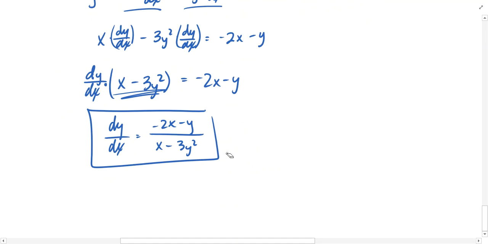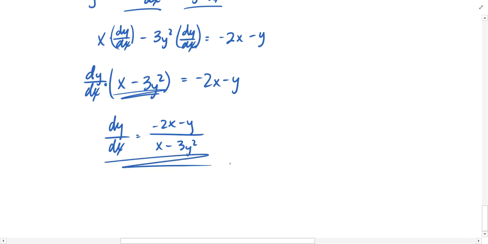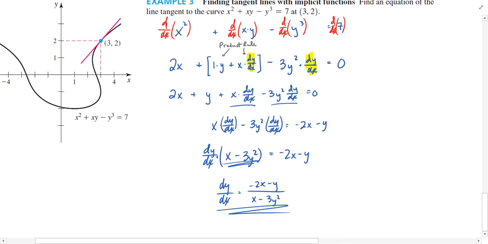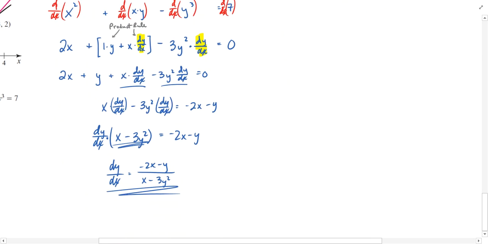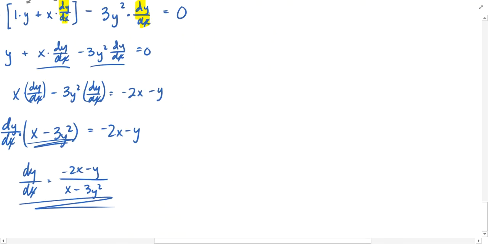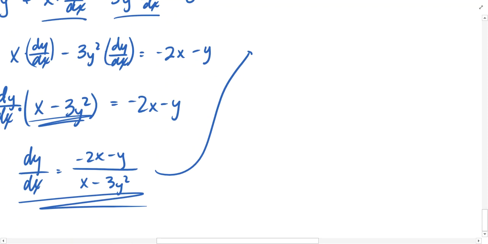So this is the differential, and we need to find the slope at (3, 2). Now, if I'm not mistaken, this graph is drawn pretty much to scale, so it kind of looks like we have a slope of around 1, if I had to guess here. Let's see what happens when I evaluate this differential at the coordinate (3, 2).